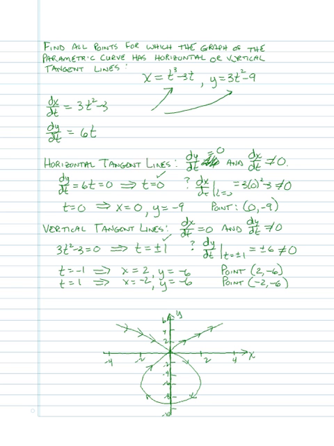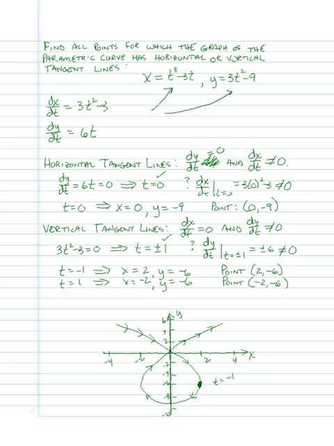Now, just to give you an idea, this position right here is when t is equal to -1. And we see above our point of vertical tangency is at (2, -6) when t is -1. That is that point right there.